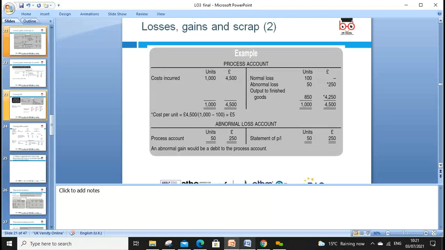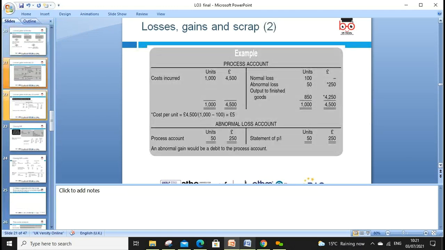Let's go through an example here. We have a cost incurred of £4,500 for 1,000 units, and that is a cost of £5 per unit. If we think there is a loss of 10% of those inputs, so there are 100 units of loss.